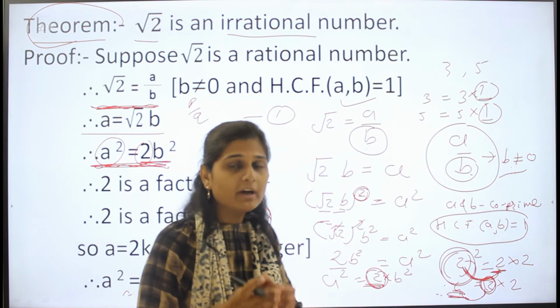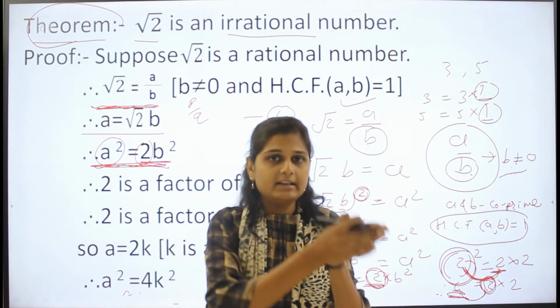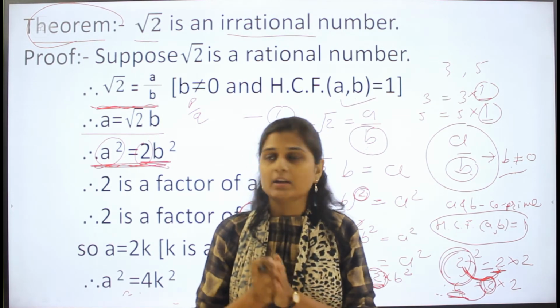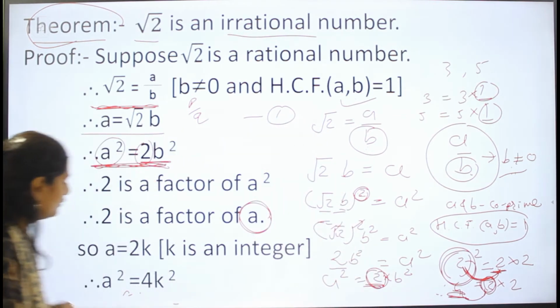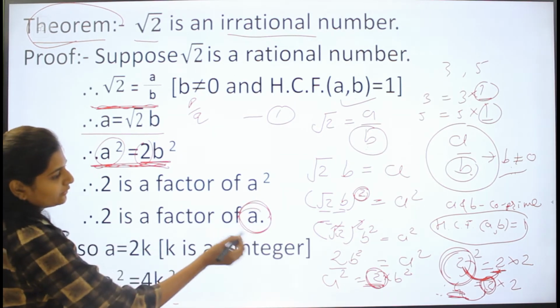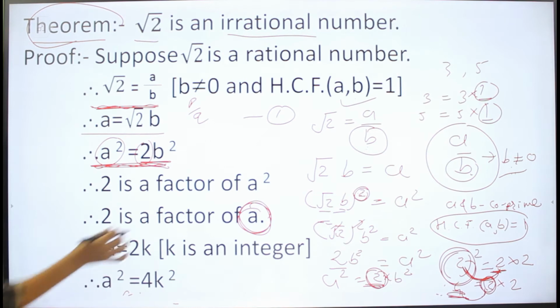So wherever you have the square of a value as a factor, its own value will also be a factor. So 2 is a factor of a square, then 2 is also a factor of a.